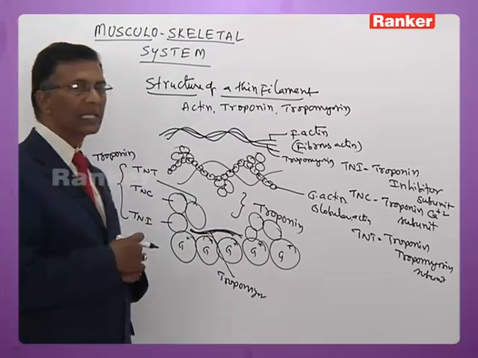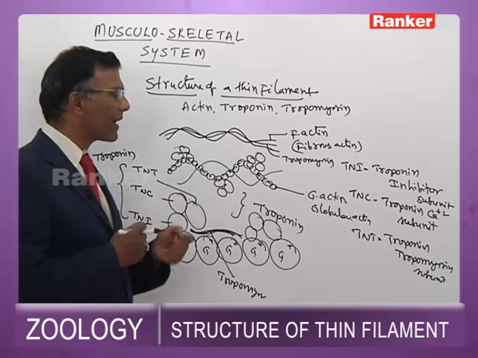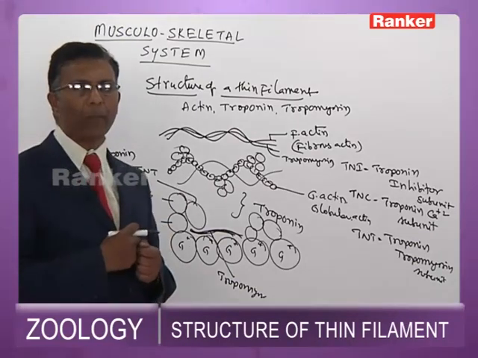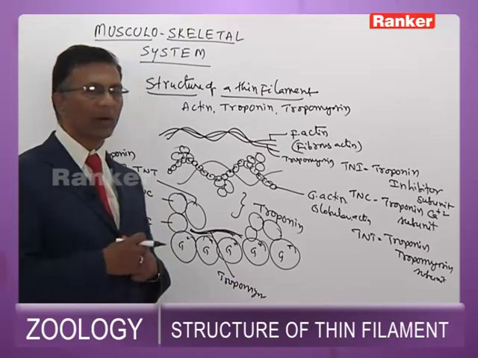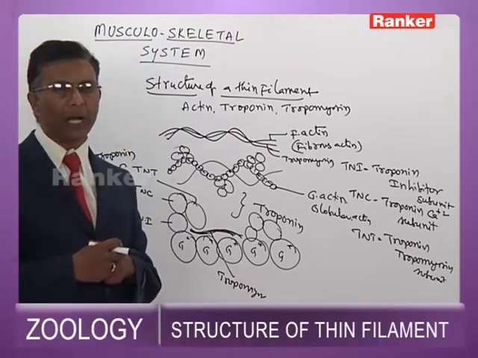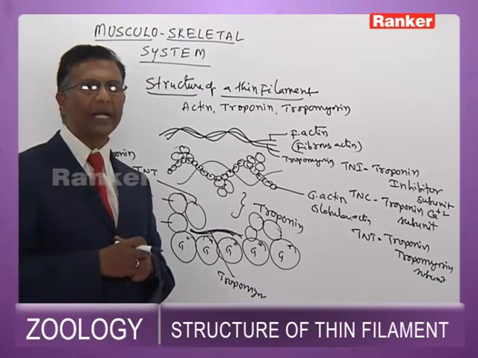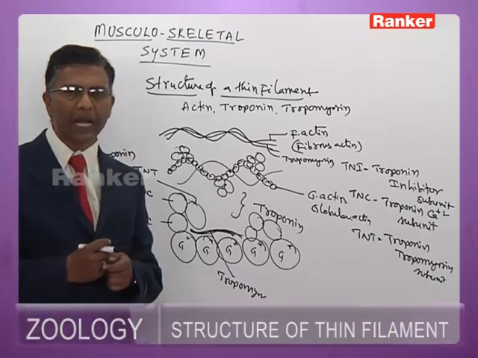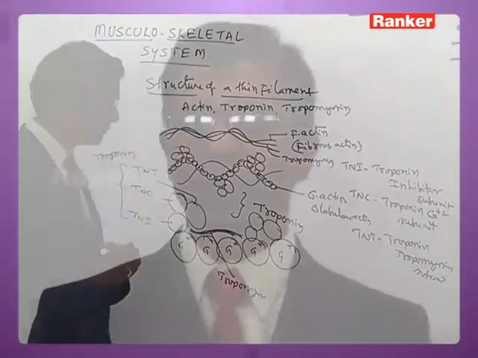Each F-actin is called fibrous actin, formed by polymerization of several G-actin molecules. Each G-actin has a binding site for myosin head, and it is covered by TNI when the muscle is at rest, with regard to the structure of the thin filament.